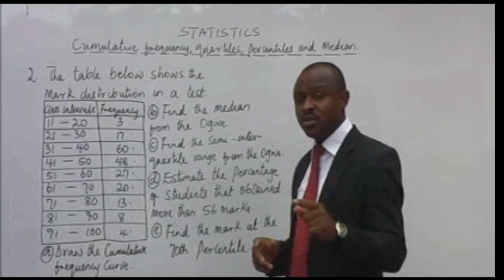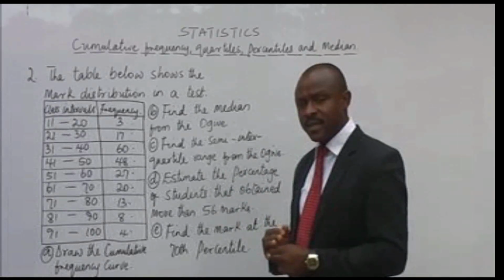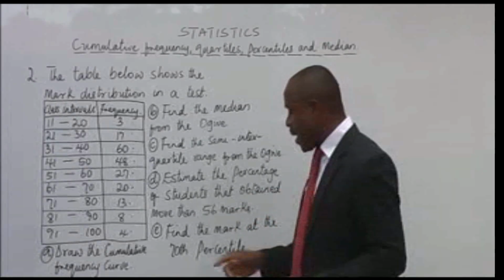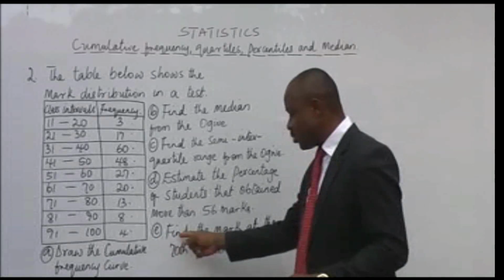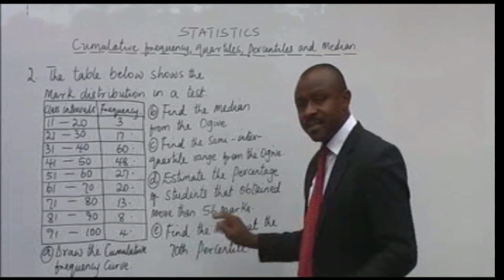I will also explain the upper quartile, the lower quartile, the middle quartile, and also talk about question E, which said that you find the mark at the 70th percentile.